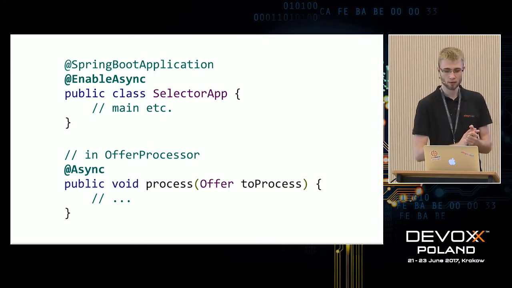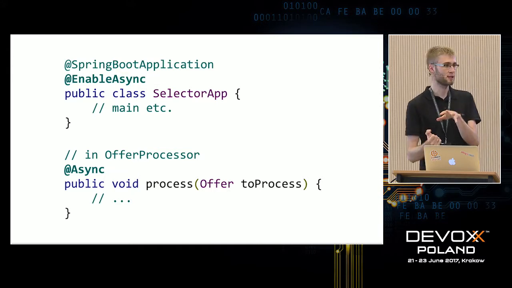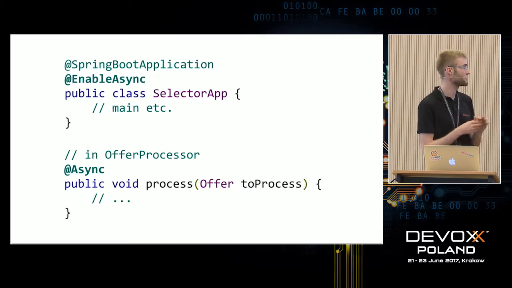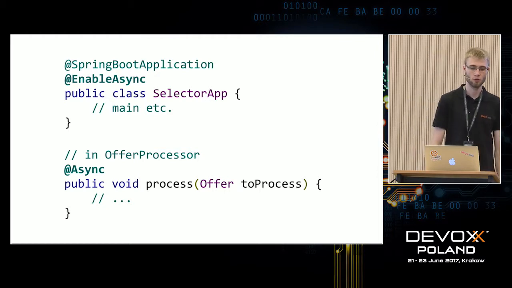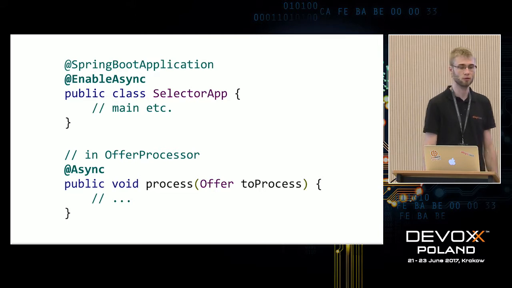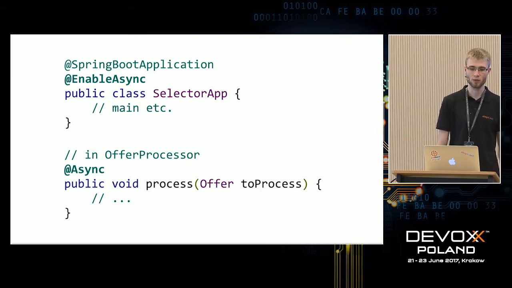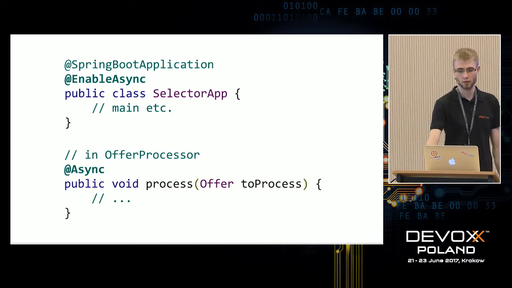One problem is that by default, this task executor is not a thread pool; it's an implementation that spawns a new thread each time you call this process method. We wouldn't like to spawn new threads all the time, because it's a simple way of breaking in production. So we want to limit this thread pool.